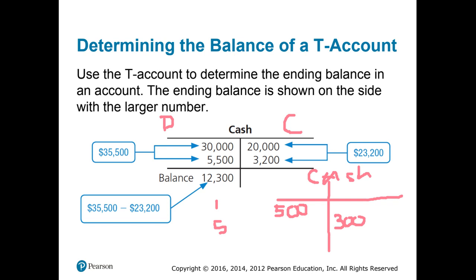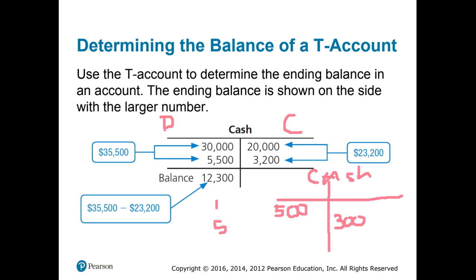We had a debit of 500 on the 1st, but we didn't have any credits, so I didn't put any credits. Then on the 5th, we had a credit of 300, so I put the 300 here. So when you're filling out your T accounts, you may end up not putting a number in that top cell, as in this example.